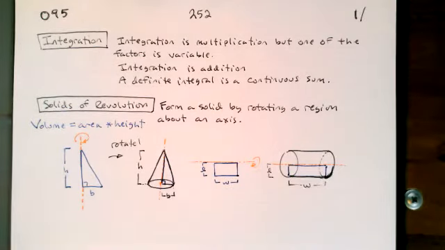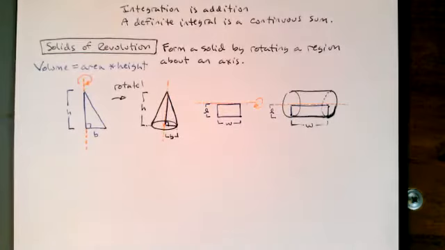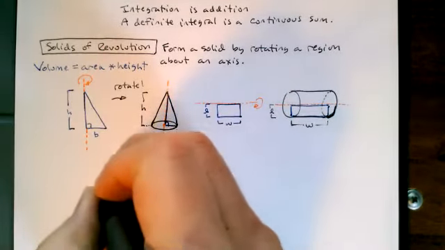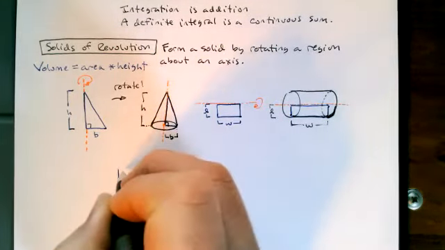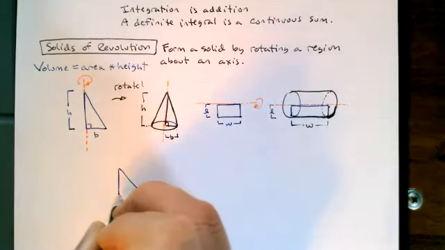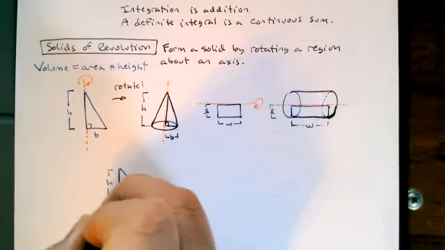Another thing that we might do: in both of these cases, the axis of rotation has been attached to the region. The axis of rotation has been a boundary of the region. So another way we might set up a solid is to imagine a region, I'm going to use a triangle again, with a height and a base.